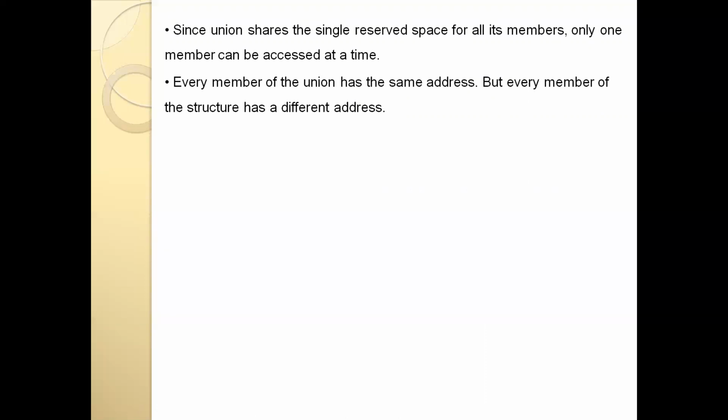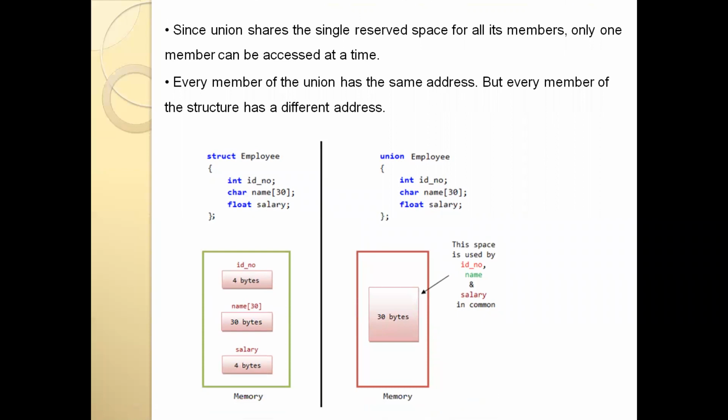If you want to access the members of the union, we can't access all the members at a time, only one by one. So every member of the union has the same address, but every member of the structure has a different address. This is the main difference between structure and union if you consider memory requirement.